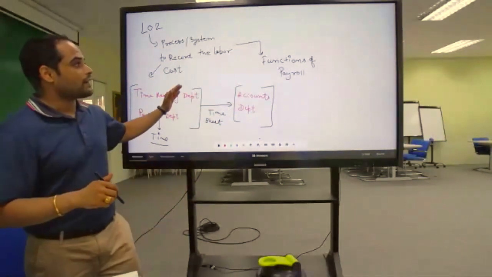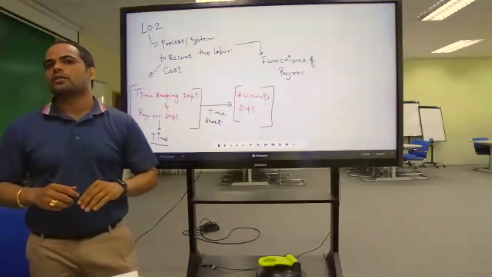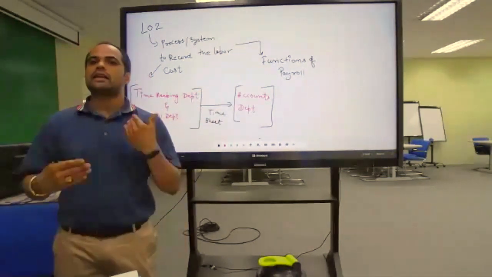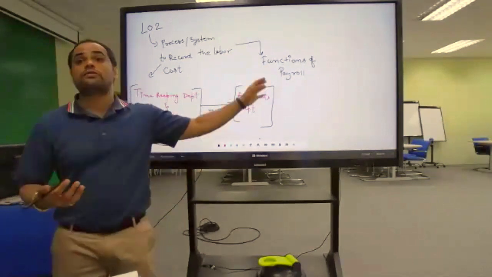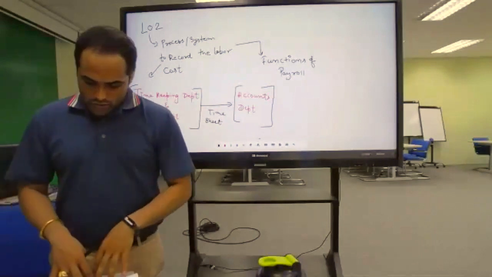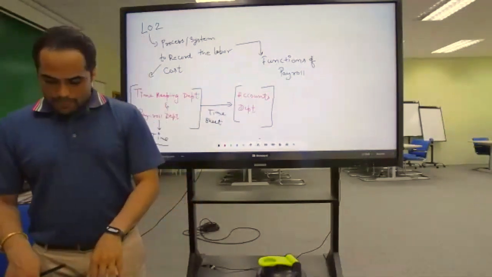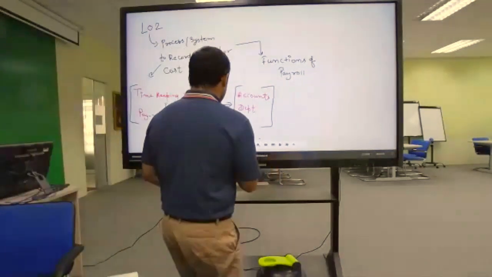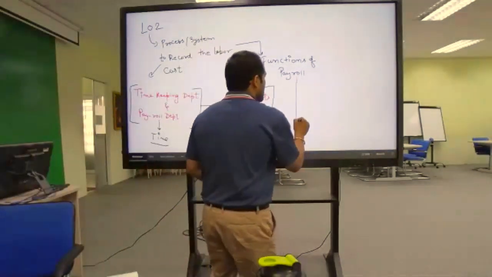The functions of payroll include the way things happen in the payroll department. That's called the function of payroll. So what are the functions of the payroll department? They have various functions.